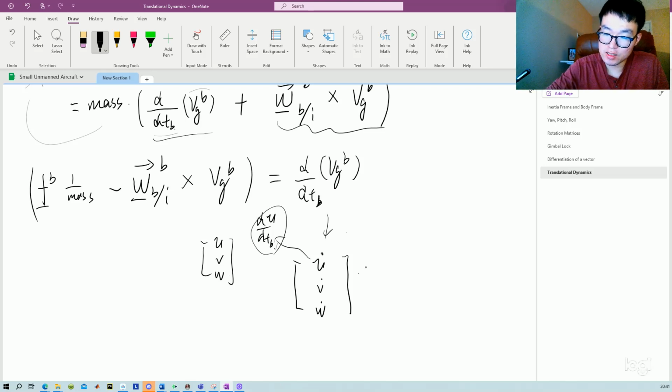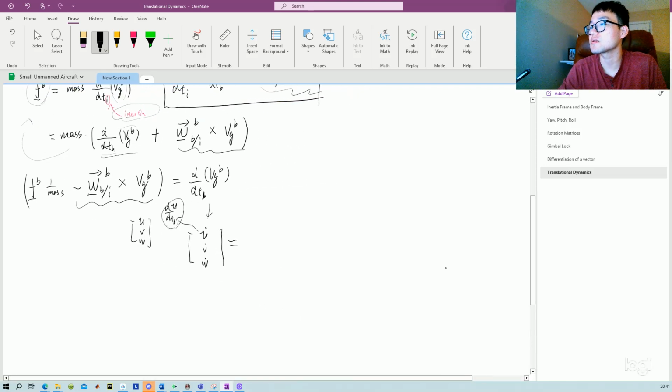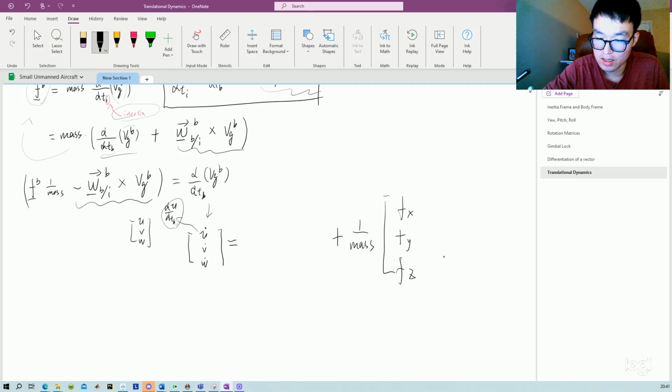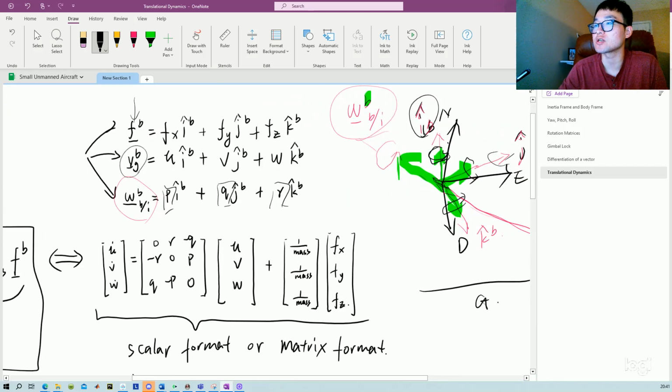There's no rotating effect. It's just taking the derivative itself. And this equals, with the tricky part being the negative cross product part. Let's worry about that a little bit later and derive this part first, which is just Fx, Fy, and Fz, again in the unit directions of the body frame.